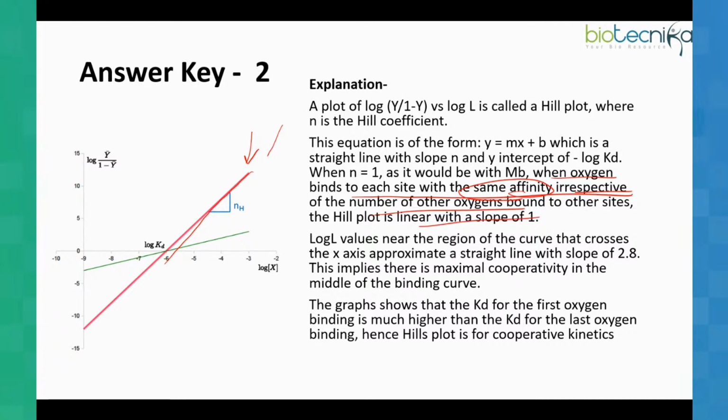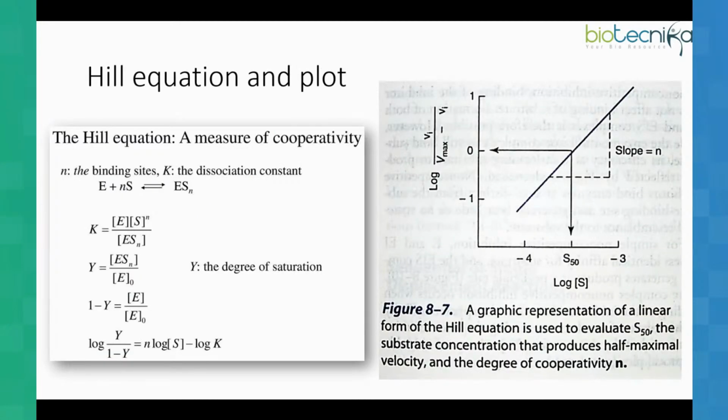But in the other case, if you have hemoglobin or any other cooperative protein, in which binding of one ligand will enhance the binding of ligands on the other site, you will have a slope of more than 1, which is 2.8. This implies that there is maximum cooperativity in the middle of the binding curve.